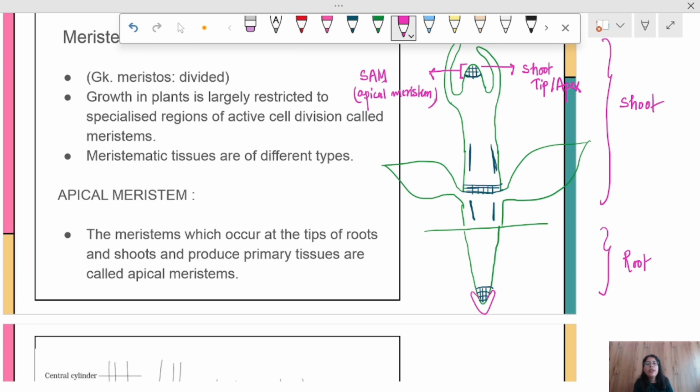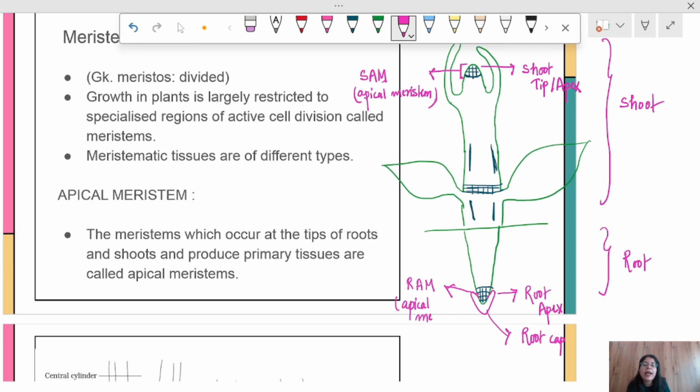Then here you can see this area. This is what? This is the root apex or root tip. And this structure which I have drawn is a protective structure called the root cap. Here you can see some dividing cells are present at the tip of the root apex. This is called root apical meristem. This is the second type of apical meristem.